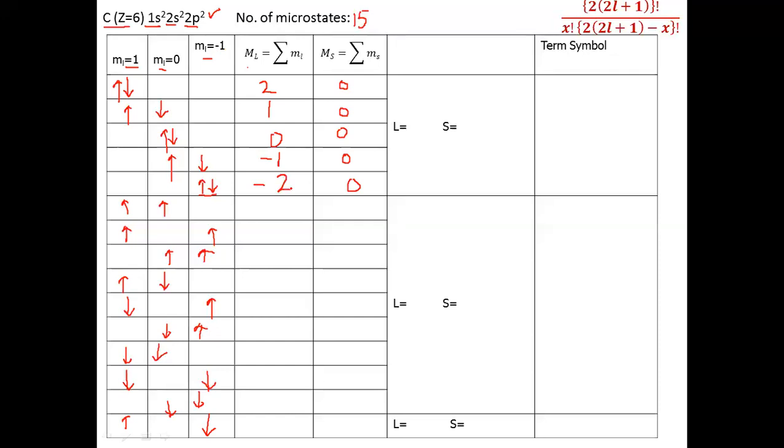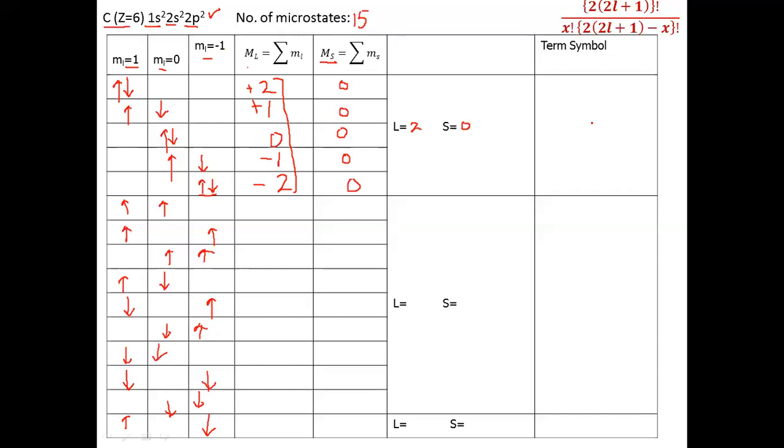Now you can see that this set of values of ML, +2, +1, 0, -1, -2, can be assigned to L equal to 2. Now MS is 0, so S will also come out to be 0.